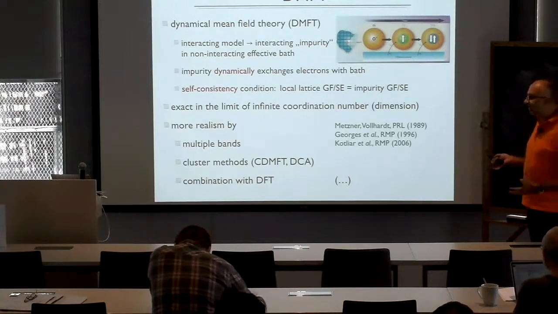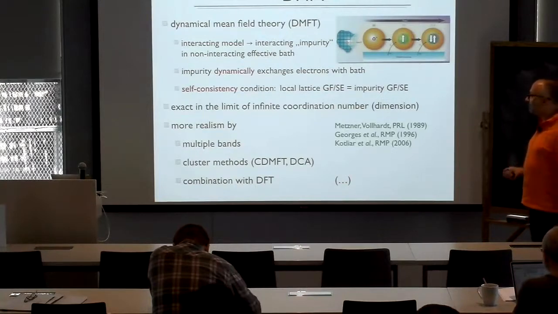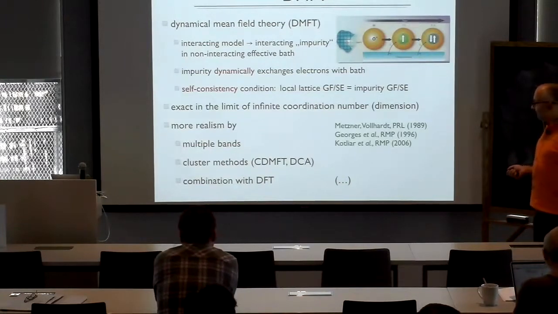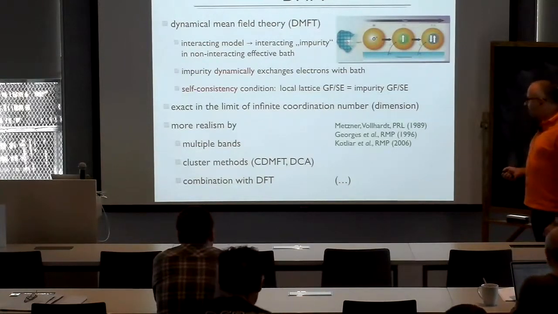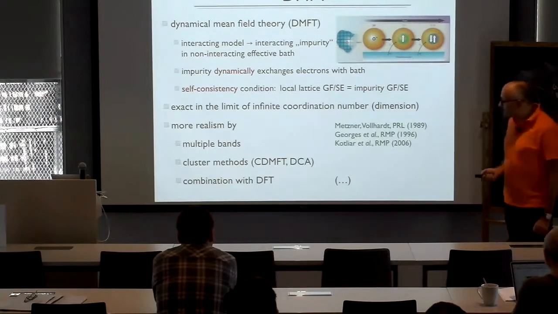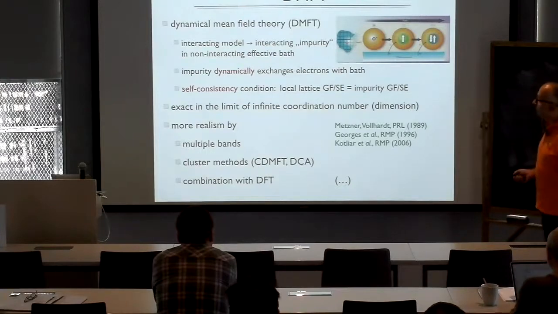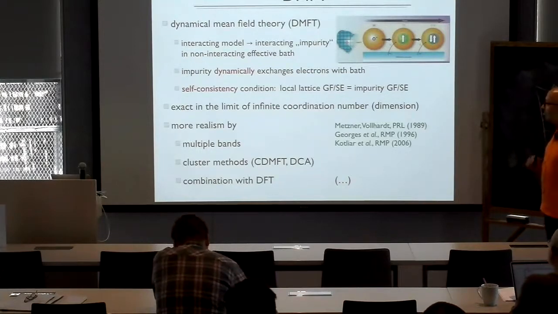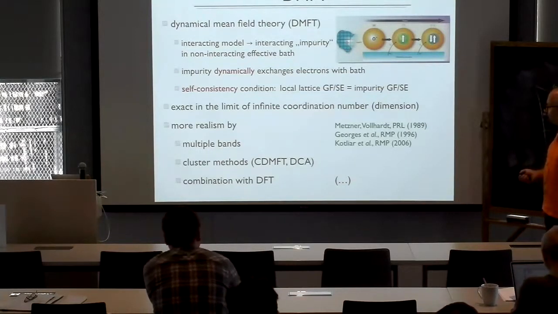Well, it's slang somehow for this interacting cluster. Then the Green's functions and the self-energies on the lattice locally should be the same as those of the impurity. In fact, this condition goes back a long time. It was Metzner, Vollhardt, and I think a few other people at the same time that saw that this would actually give an exact solution of an interacting model, the Hubbard model, in the limit of infinite coordination number or dimensions.